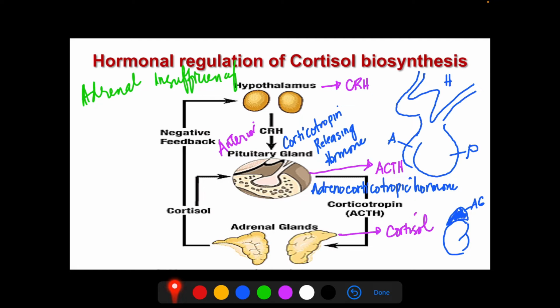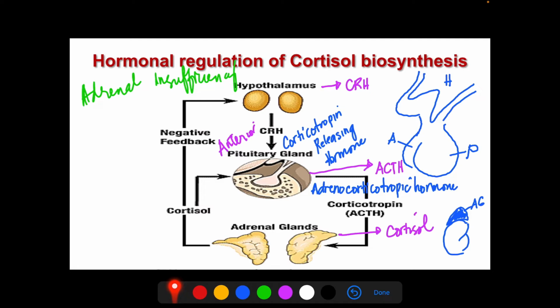So we have three conditions that could cause adrenal insufficiency: primary adrenal insufficiency, secondary adrenal insufficiency, or tertiary adrenal insufficiency.